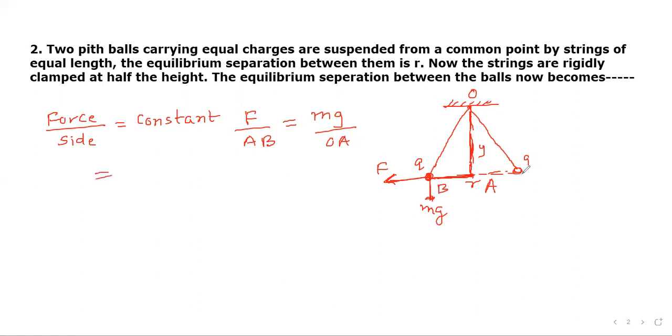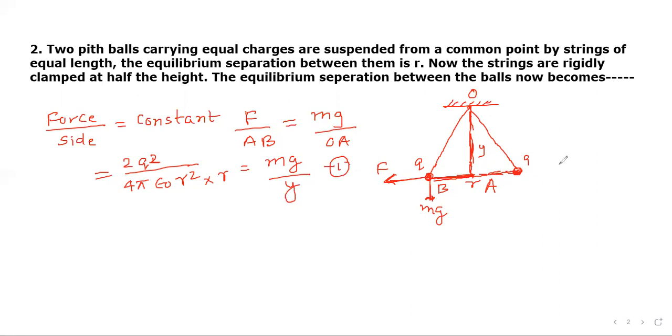The force of repulsion between these two charges will be equal to q square divided by 4 pi epsilon naught r square, divided by AB. AB will be r by 2, as the total distance is r. So we have F upon AB equal to mg upon OA, and OA is y. Suppose this is equation number 1.